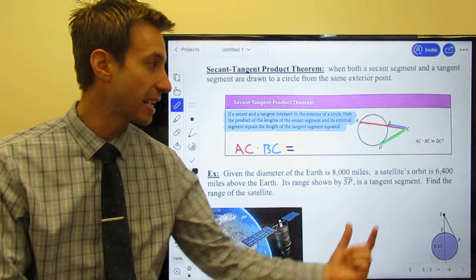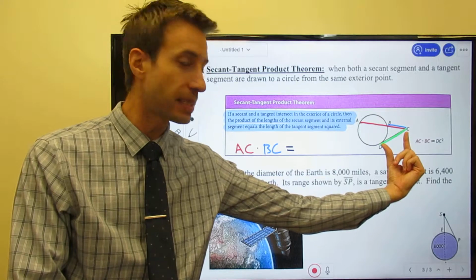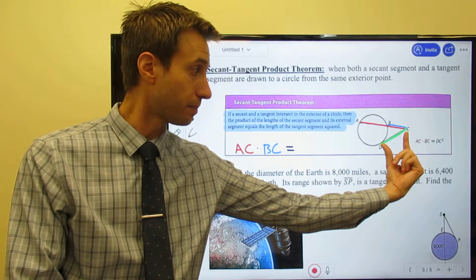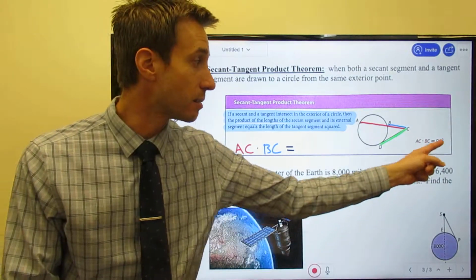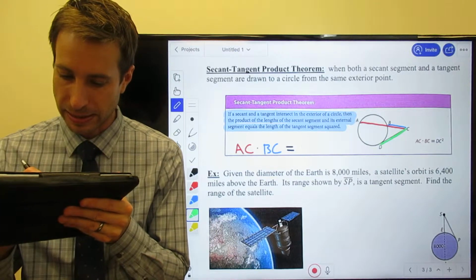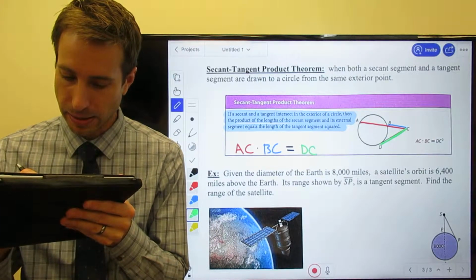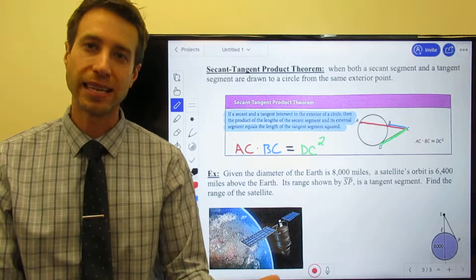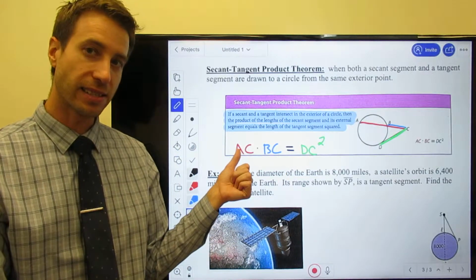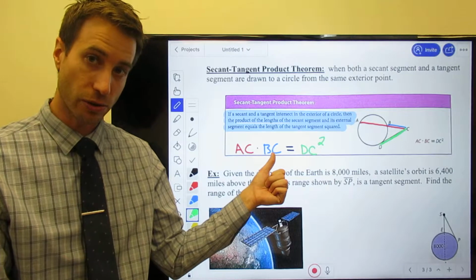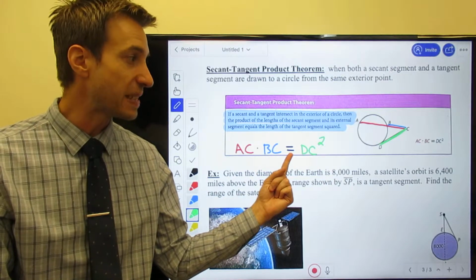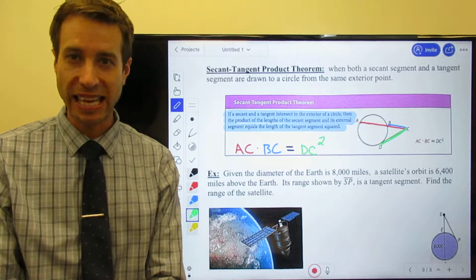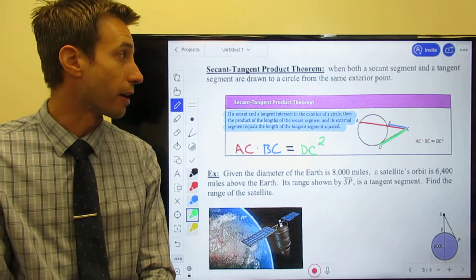This external tangent piece, right? DC is my tangent line. But that has to be squared. DC squared. That's it. That's the secant tangent theorem. Secant segment times the external secant segment must be equal to your tangent line squared.